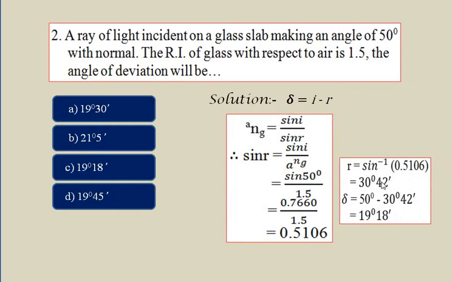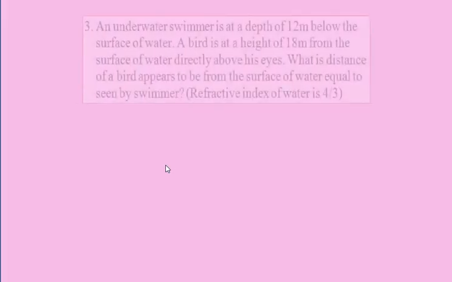We get the value of small r is equal to 30 degree 42 minute. Here the value of delta is equal to angle i minus angle r, and using this formula we get 19 degree 18 minutes. So the correct answer is 19 degree 18 minute.